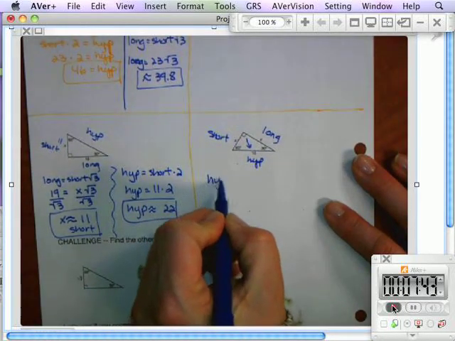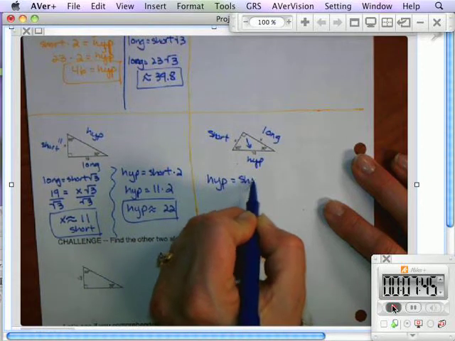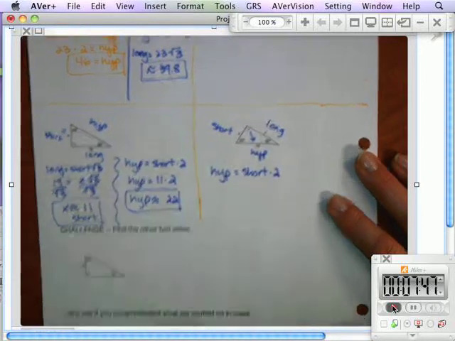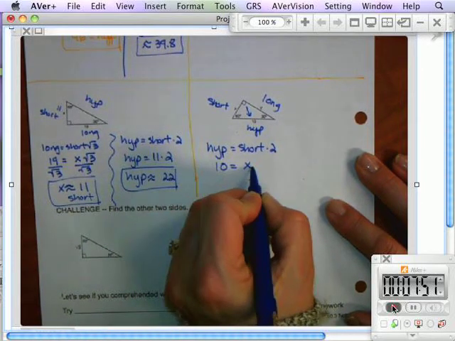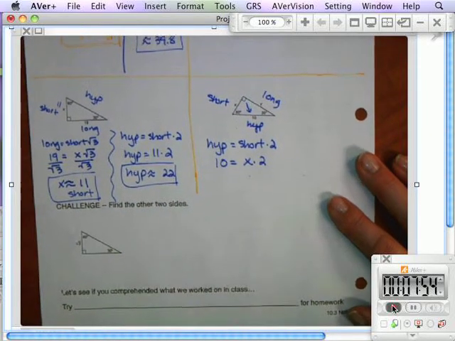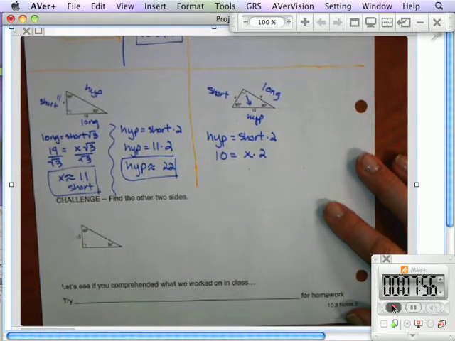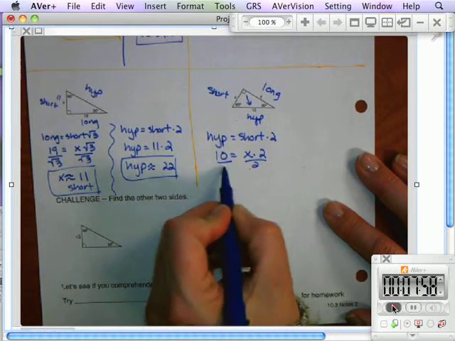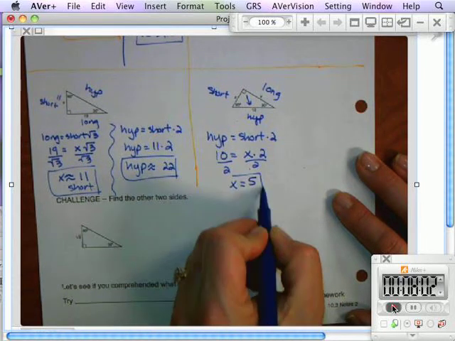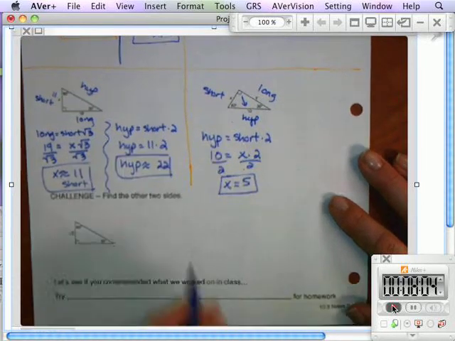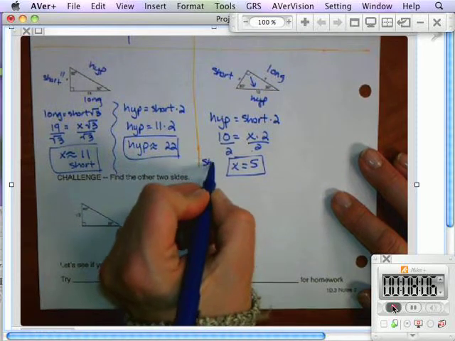So hypotenuse equals short times 2. So 10 equals x times 2. Divide both sides by 2. X is equal to what? 5. So my short is 5.